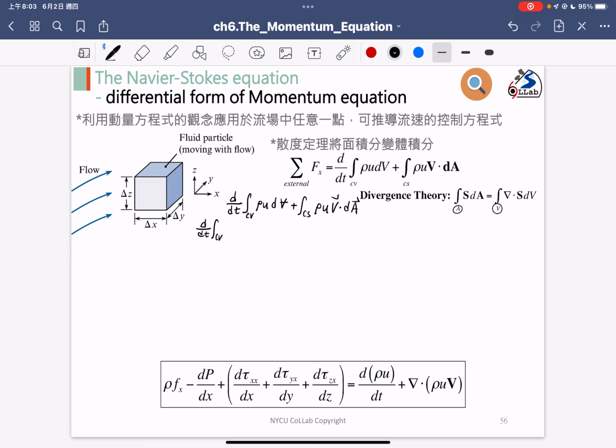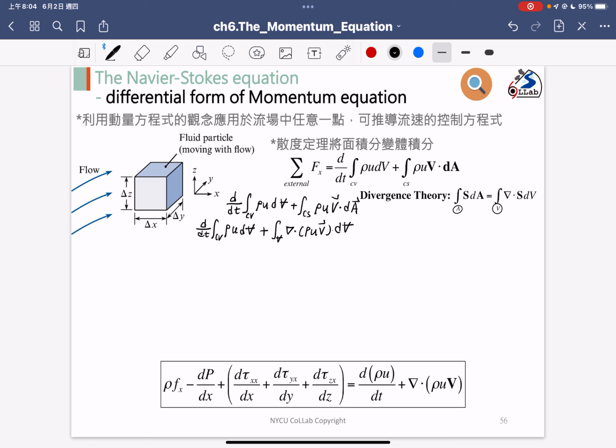The first item I didn't change because it is already integrated along the volume. I just changed the second item to be over the volume, but right now the inside item becomes the divergence. So it is the divergence of rho u V vector, with no dot for the dV, just integrated along the volume, right?